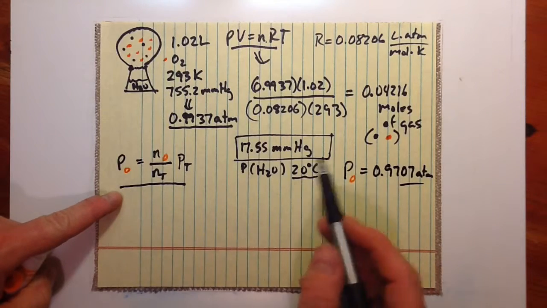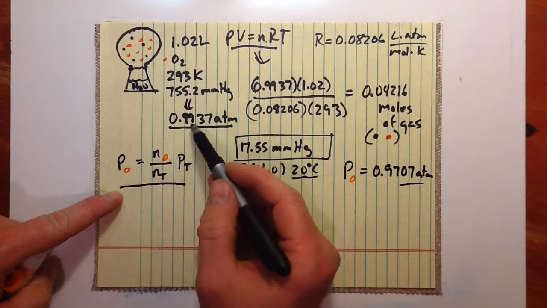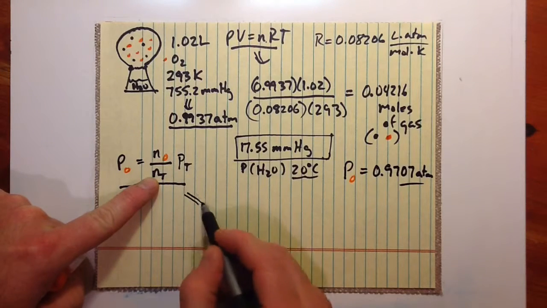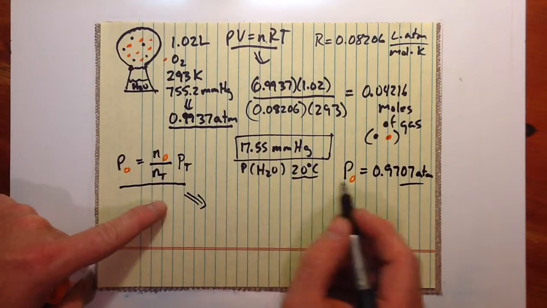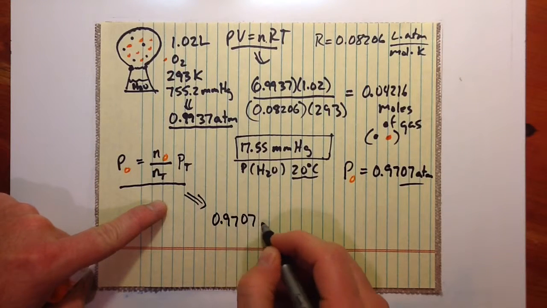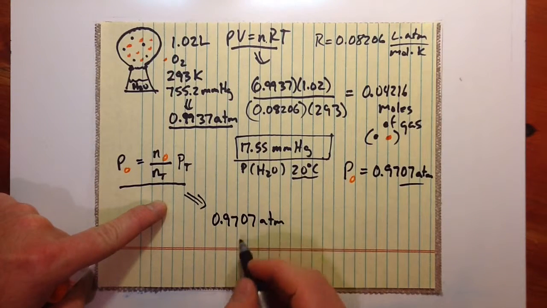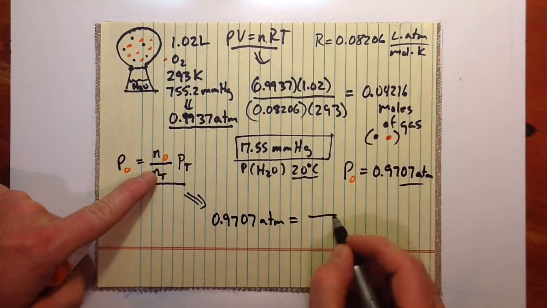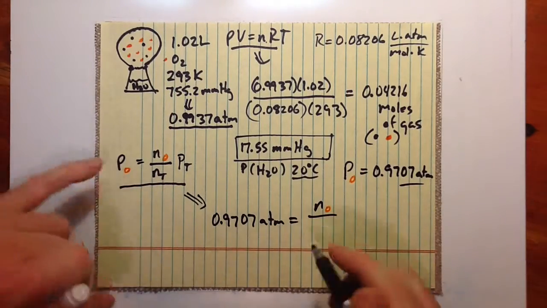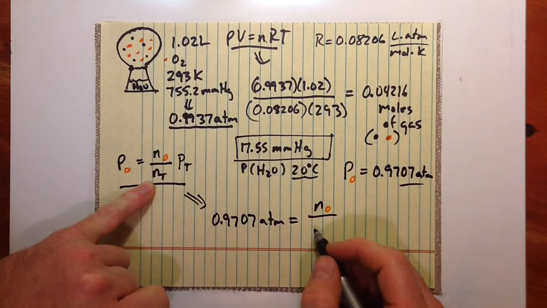All right, so now we're ready. We can put the PT in atmospheres in, we have nT, and we can solve for O2. So I'm just going to show that equation and we'll be done. So we put this in, 0.9707 atmospheres. We set that equal to what we're looking for, or n, number of moles of oxygen.